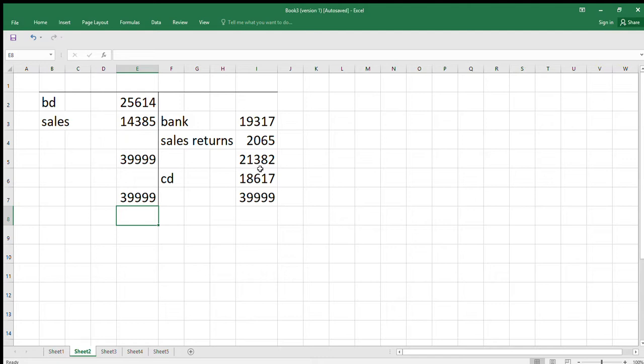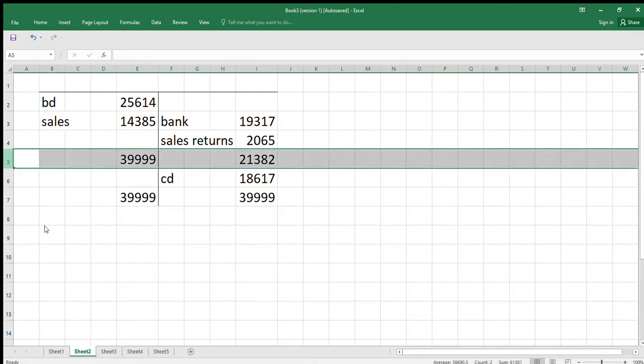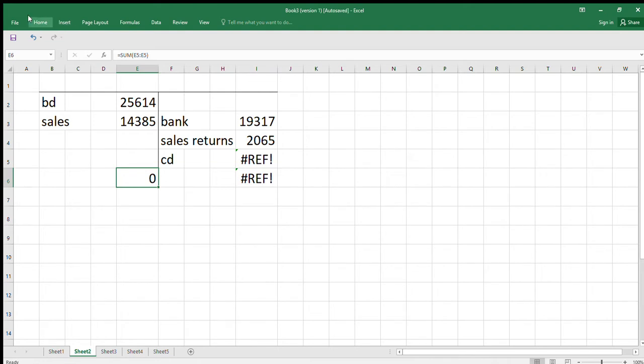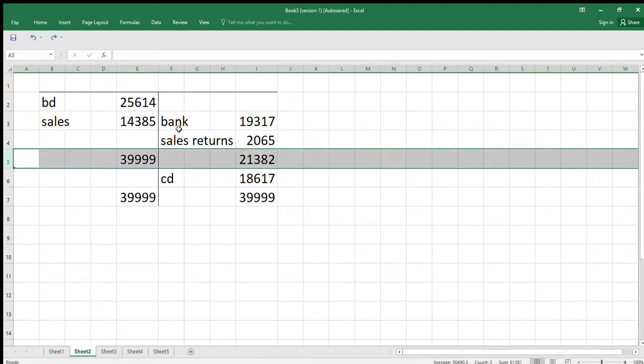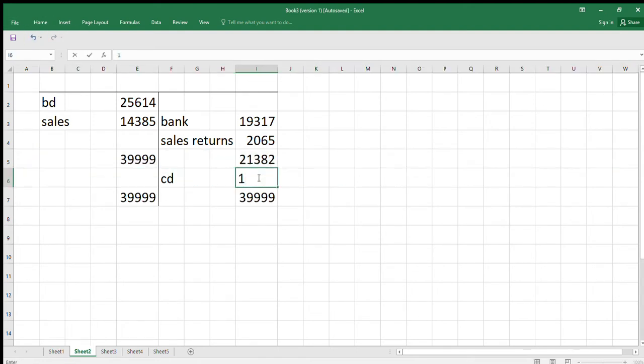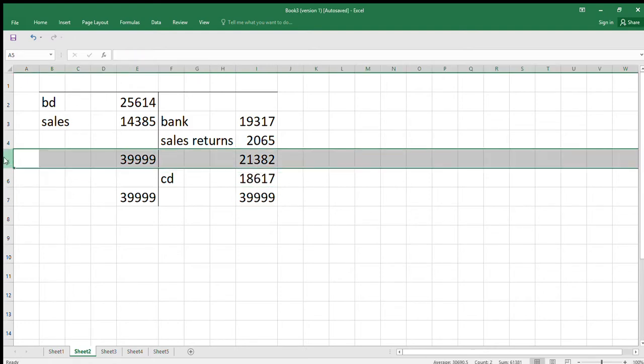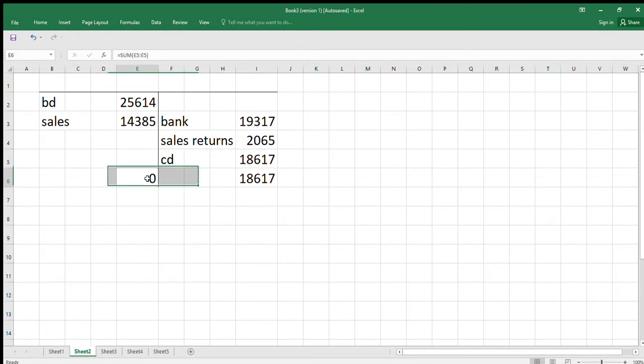Yep, and that is it there. And then our totals would be those figures there. So if I now take this out here, delete it. Sorry, so 18,617. Yeah, I'm going to take that out there, and I'm going to add that up again. That's how it would look.